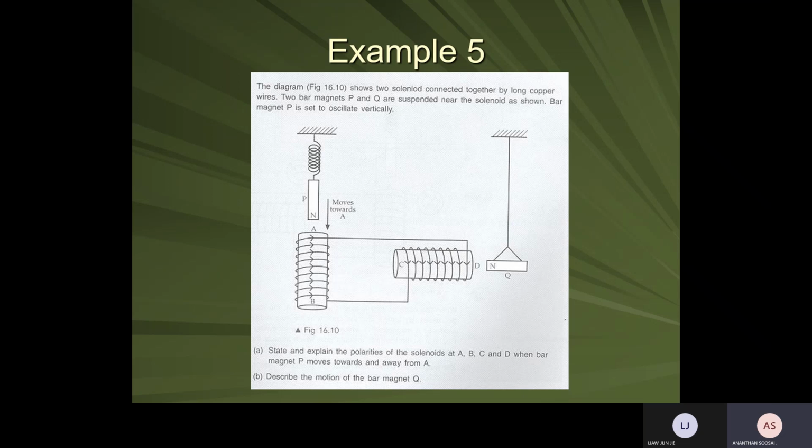Going downwards, so right hand grip rule here again. This is the direction of the current, so your thumb points to the north. So D should be north, right? So A north, B south, B north, C south, and the bar magnet moving downwards.